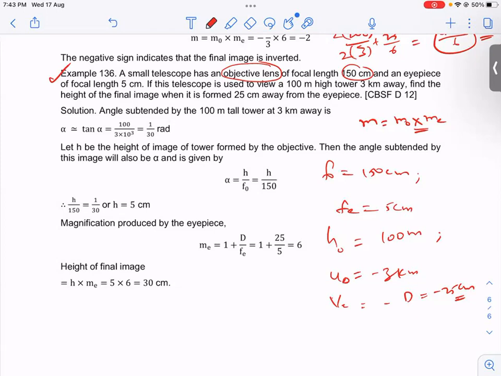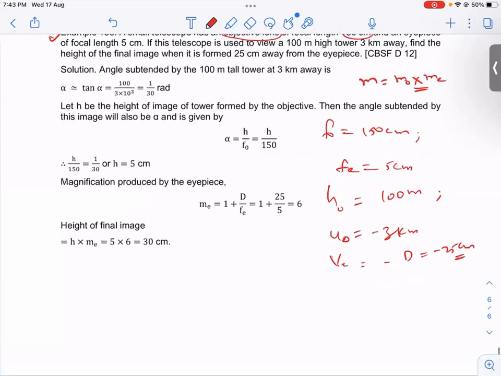How to solve this? So magnification produced due to the eyepiece is how much? Height of the image formed by the eyepiece divided by height of the object.